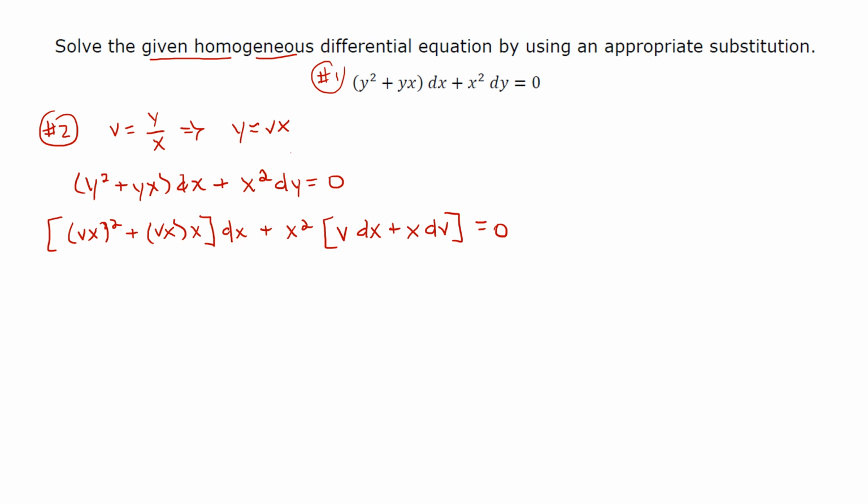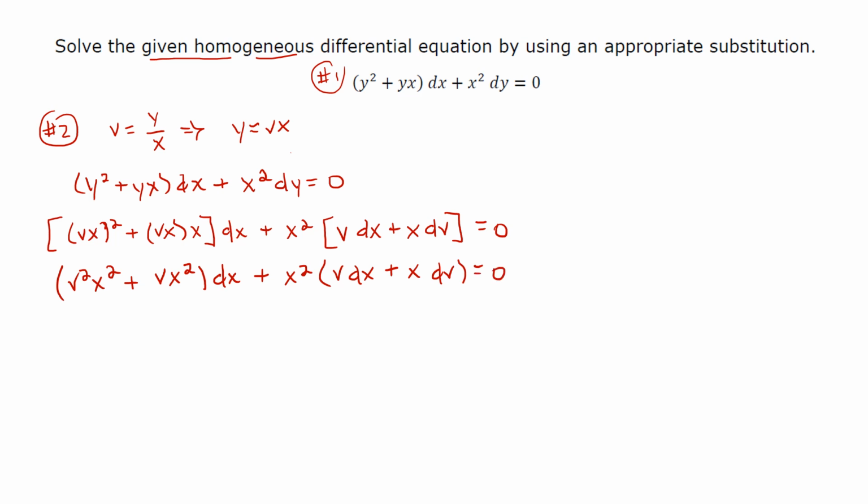Next, we are going to simplify this. So we would have v squared x squared plus vx squared dx plus x squared times (v dx plus x dv) equals 0.